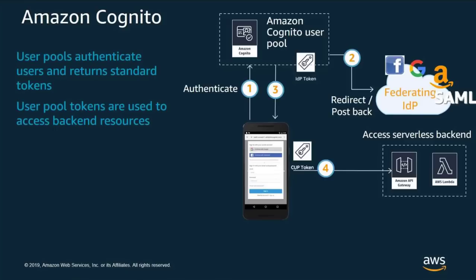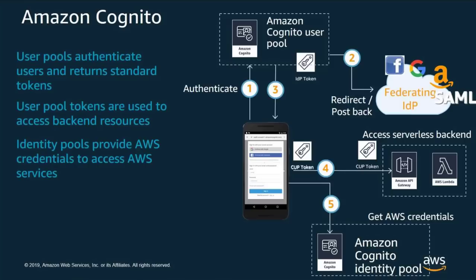But if you're building server APIs with things like API Gateway or ALB, you can simply pass that CUP token within an authorization header, and AWS has some neat and simple, just push button type configurations that allow you to easily add authentication and authorization to those backend APIs.